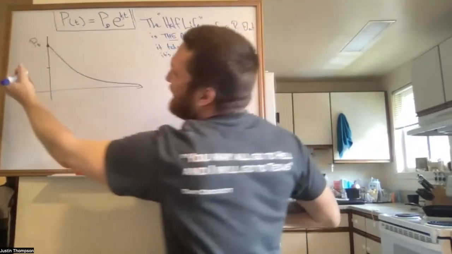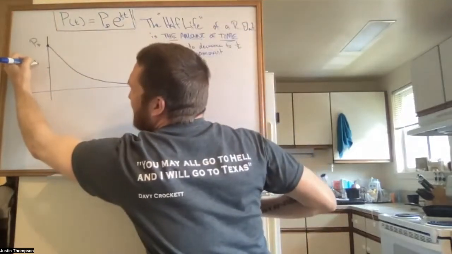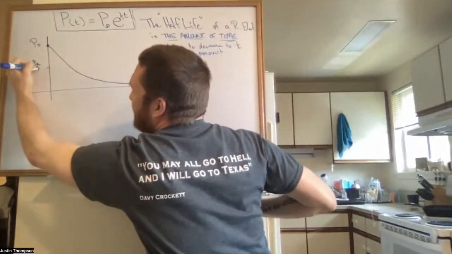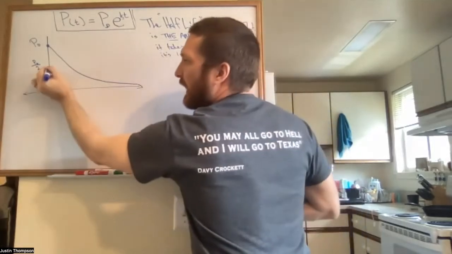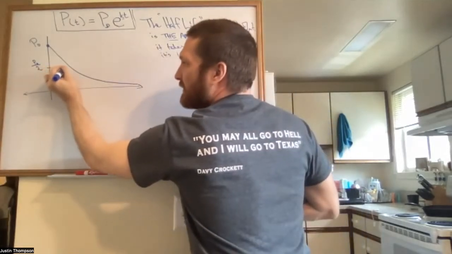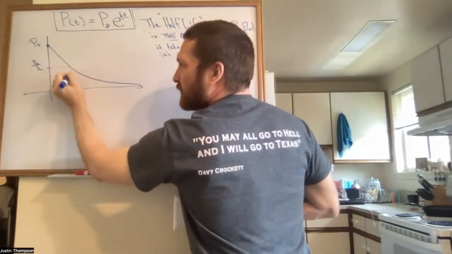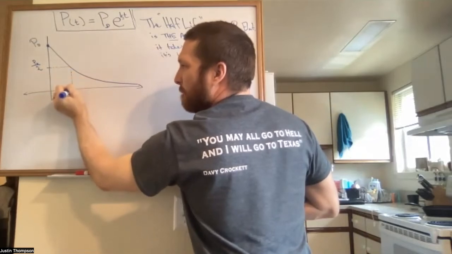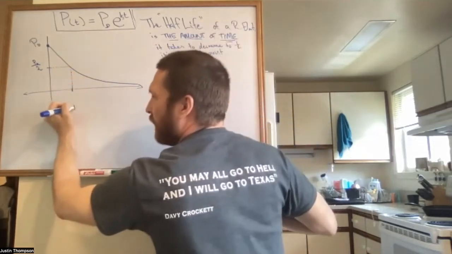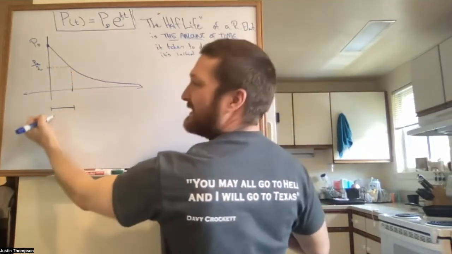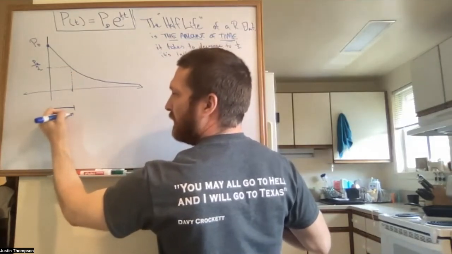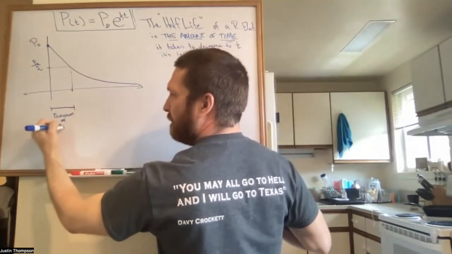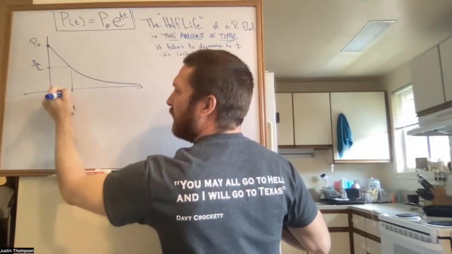Or if you started at P0, half of P0 would be P0 divided by 2. And so this amount of time right here, that distance, is what we call the half-life.